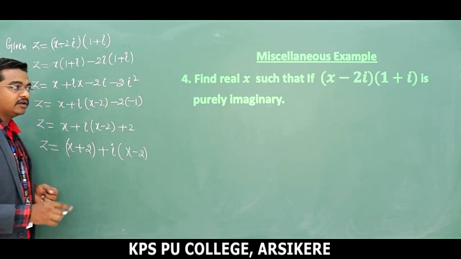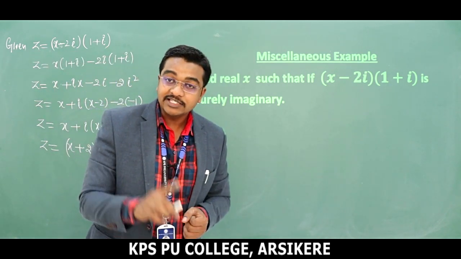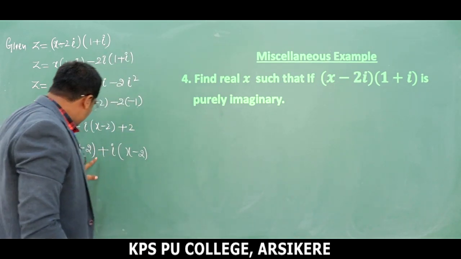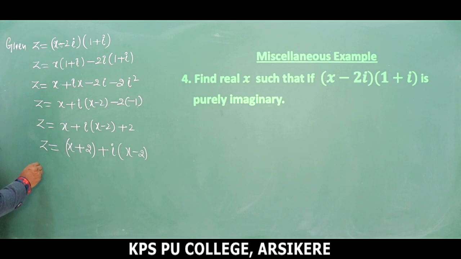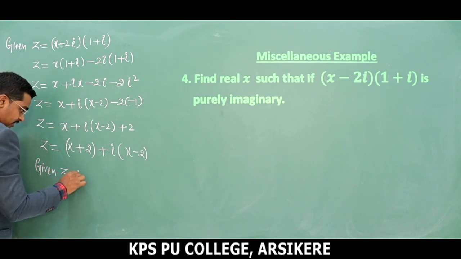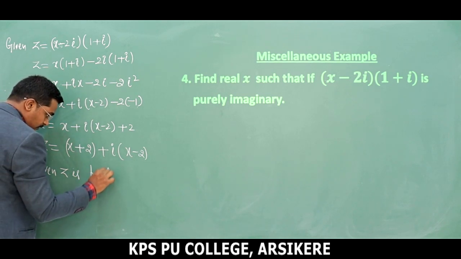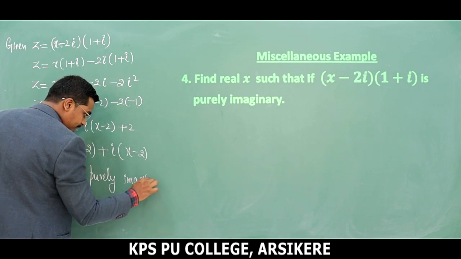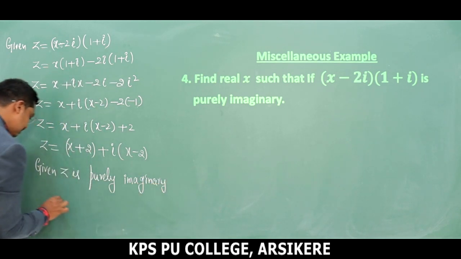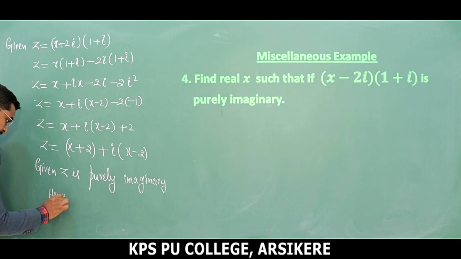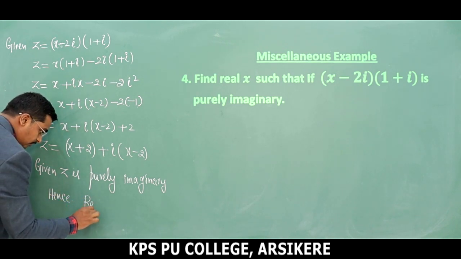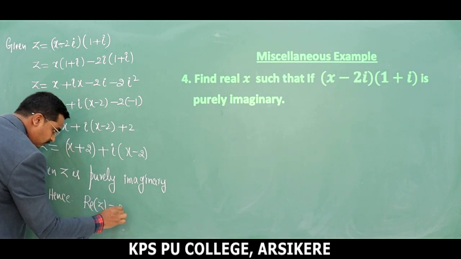So what is given here? The complex number is purely imaginary. So for purely imaginary, the real part is 0. Given z is purely imaginary, hence Re of z is equal to 0.